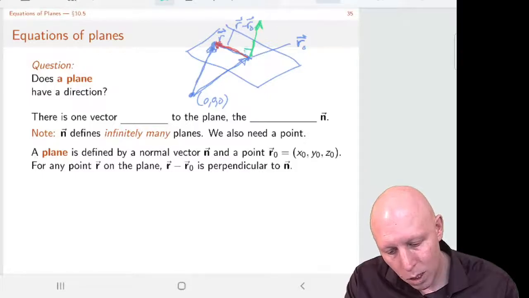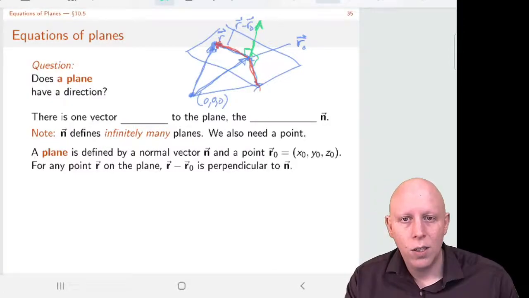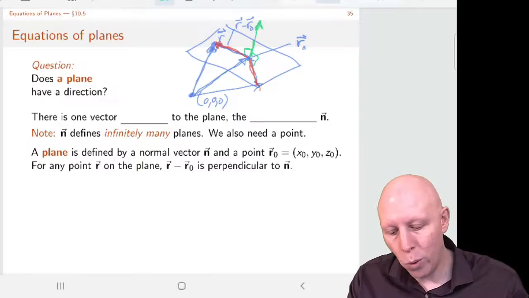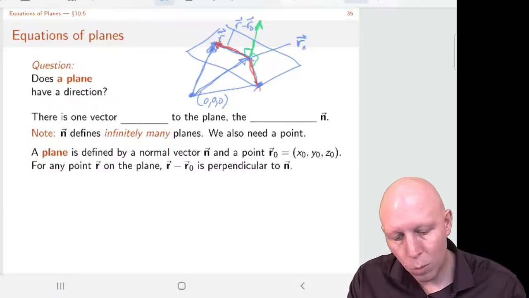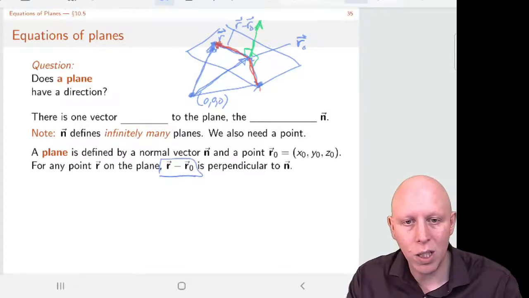This is perpendicular, or if R is over here, then this vector, R minus R naught, is perpendicular to our normal vector. So all points on the plane satisfy that R minus R naught is perpendicular to n.